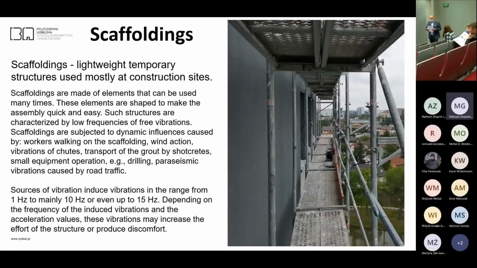But when we calibrate or verify the model, we try to fit the free vibration and natural vibration, and sometimes we change things.